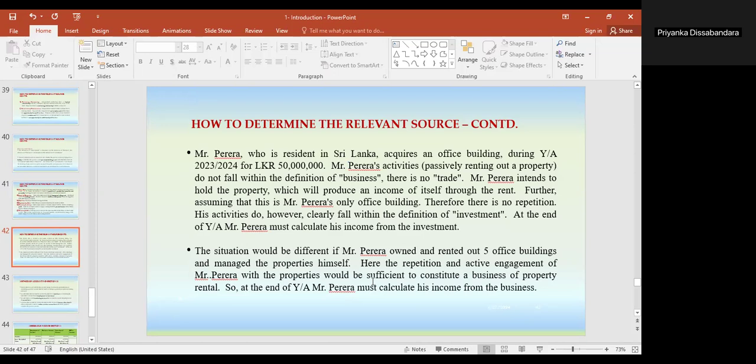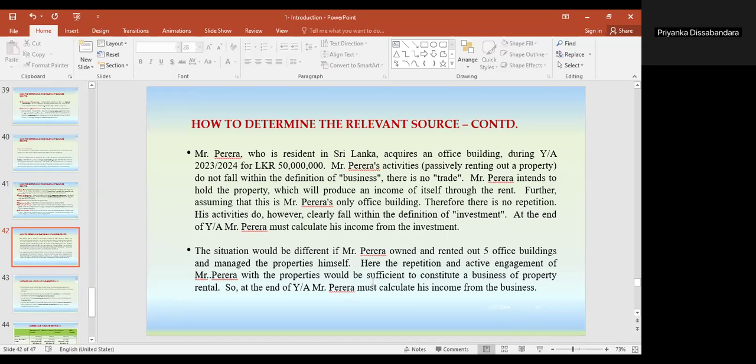Mr. Pereira's activities: passively renting out a property. His activities do not fall within the definition of business. There is no trade.